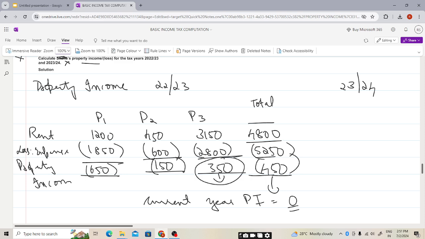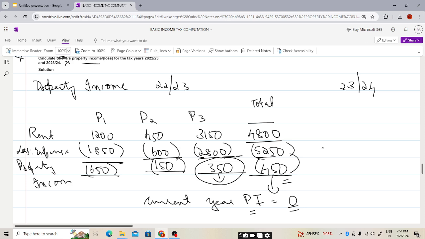But when we do our income tax computation, we need to take the aggregate of all the properties. When taking the aggregate of all the properties, our property income will have a loss. So the current year property income will be 0, nil. So no property income in the current year.